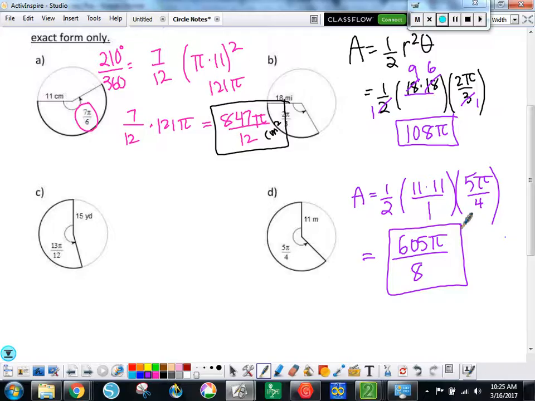Feel good about it. Part C, how would you like to do it? Option 1. We do a blind vote. Everybody close your eyes. Option 1 is changing it to degrees first. Option 2 is just using the radian formula. All in favor of option 1, changing it to degrees first. All in favor of option 2, using the radians formula.